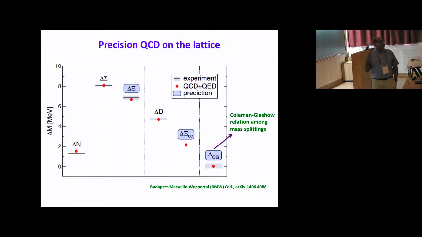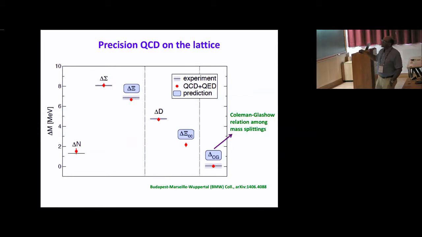So Lattice QCD can make few MeV level comparisons, but it can also make predictions. These are actual predictions that were made, and you see that it's really quite remarkable. There's actually no data for this object here, so it constitutes a genuine prediction.